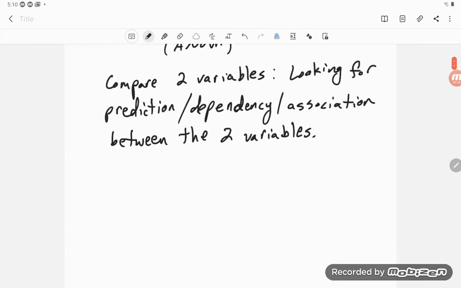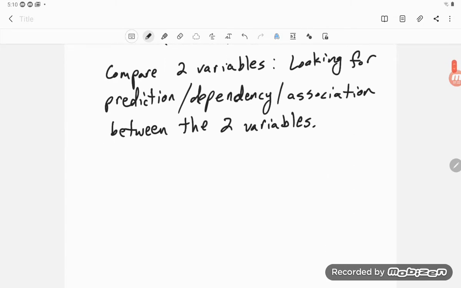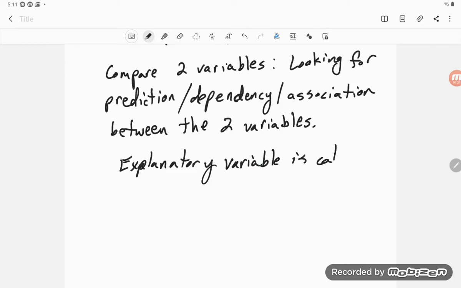All right, so what's happening is our explanatory variable is categorical, and our response variable is numerical.